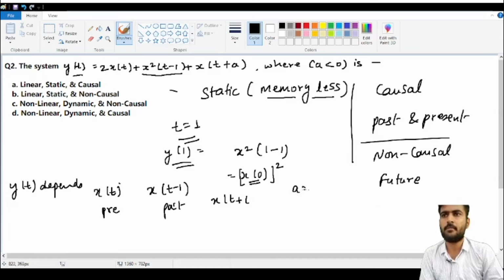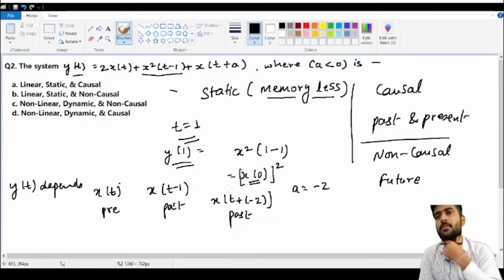Let us say the value is minus 2, so we get t plus of minus 2, which is also a past input. Here we can see that there is no input which refers to the future. So we can say that the system given here is a causal system.